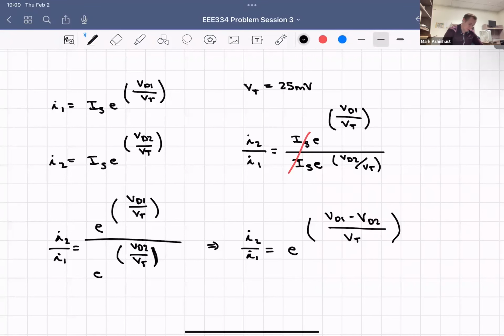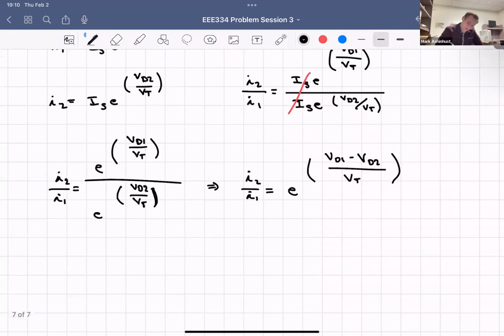We know VT is 25 millivolts, but we also know what V is equal to: VD2 minus VD1.